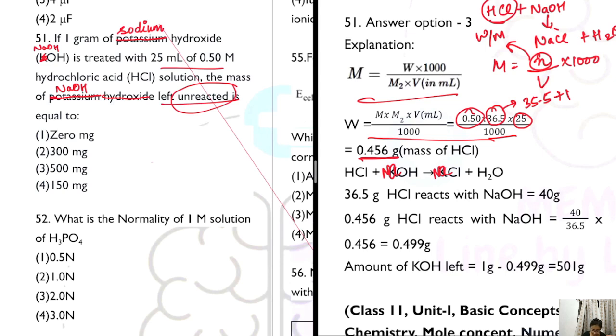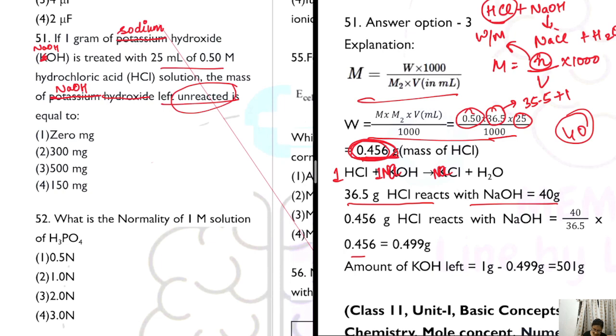Okay, now if you see the stoichiometry, 1 is to 1 is the stoichiometry of HCl and NaOH. Okay, so what is the molar mass of NaOH? That is 40. Okay, so 36.5 gram of HCl reacts with 40 gram of NaOH. So using the unitary method, 0.456 gram will react with 40 upon 36.5 into 0.456.